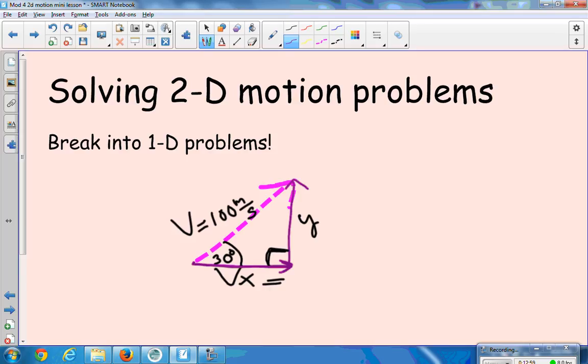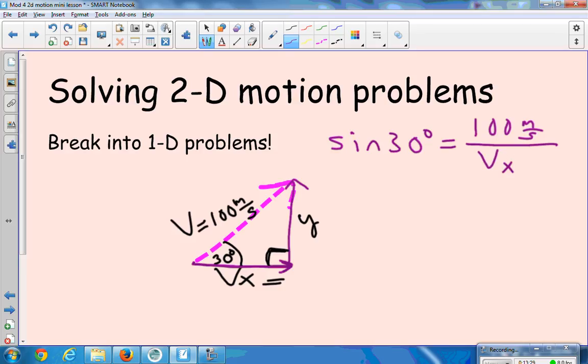So sine of 30 degrees equals opposite over adjacent. So 100 meters per second divided by the adjacent, v of x. I don't know what v of x is, I'd like to find out.